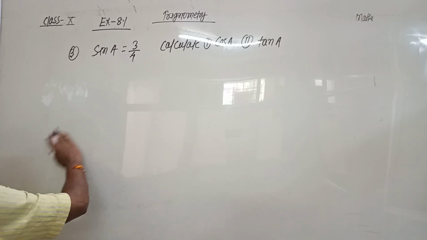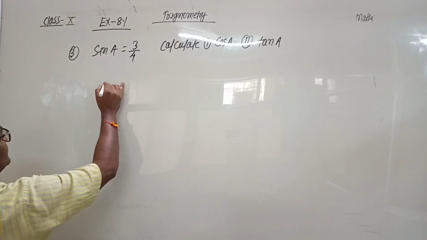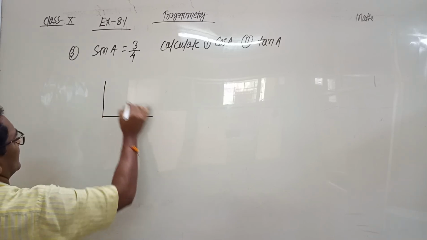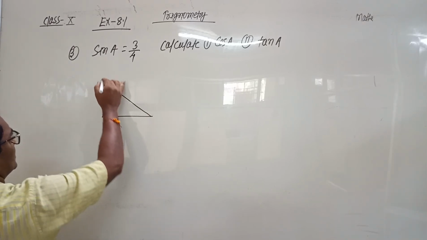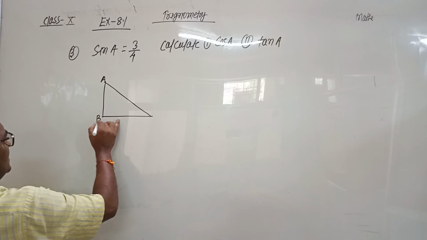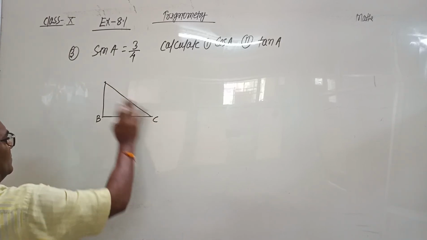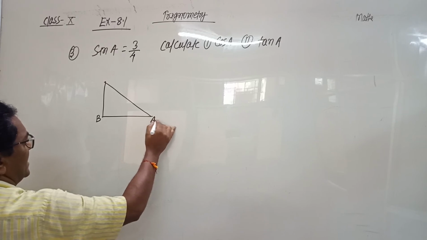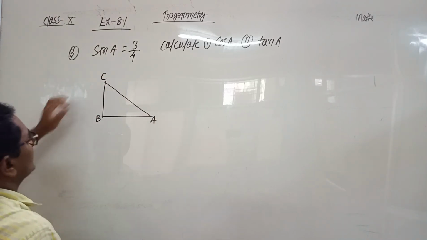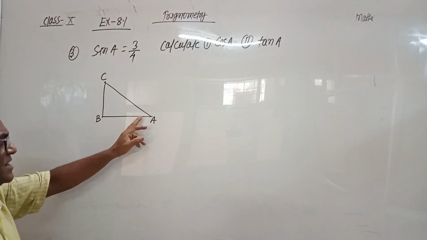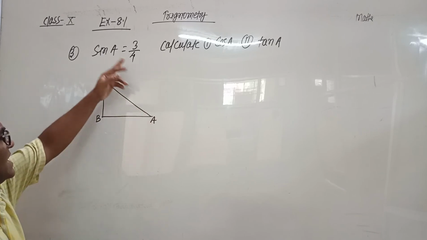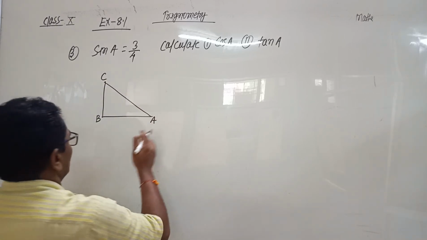So firstly we will draw a right triangle and name it A, B and C. Sin A means the acute angle is this one. Sin A is 3 by 4.